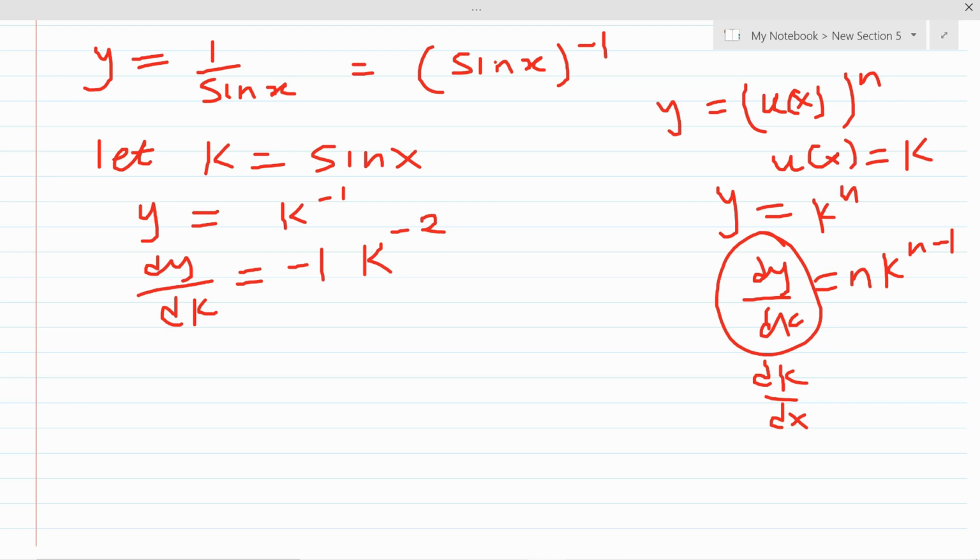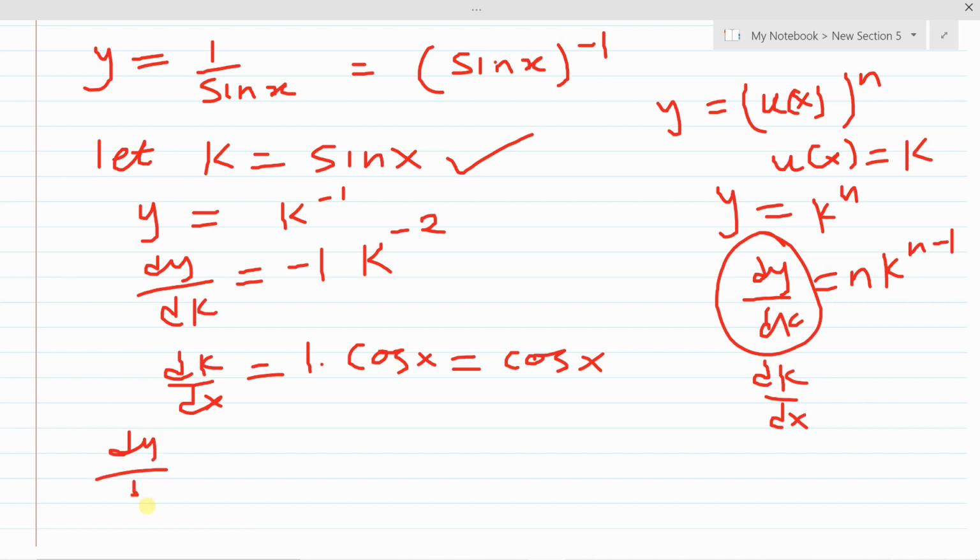Now you come and find dk/dx, and the dk/dx will give me what? Differentiating sin of x, differentiating the x with respect to x, you get 1, times differentiate the sin, you get cos, so this is equal to cos of x. So in other words, dy/dx is equal to the product of these two.